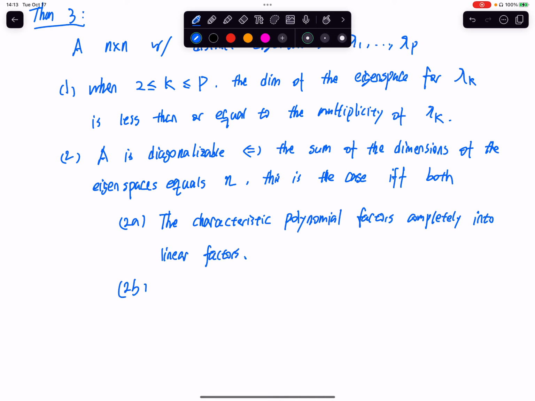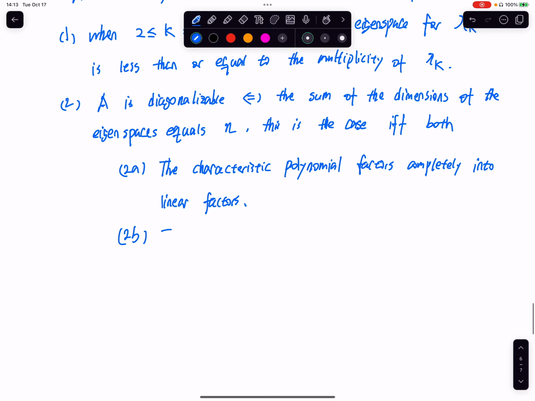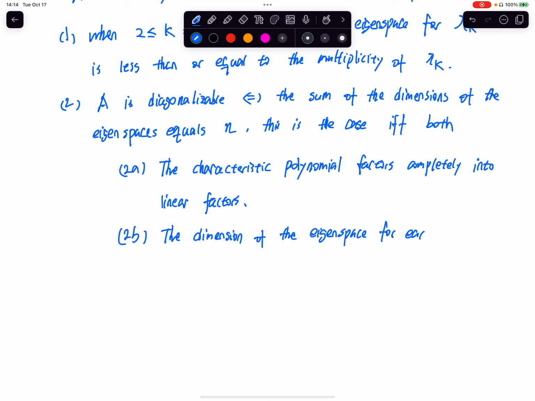And 2b is that the dimension of the eigenspace for each lambda k equals the multiplicity of lambda k.